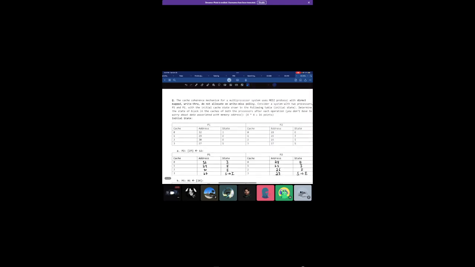All right, and then here we're loading address 28 into R1. We see in processor 1, we do not have address 28. So we're going to get a read miss. We see direct mapping. Address 28, we have to put into the cache. What is 28 mod 4? 0.